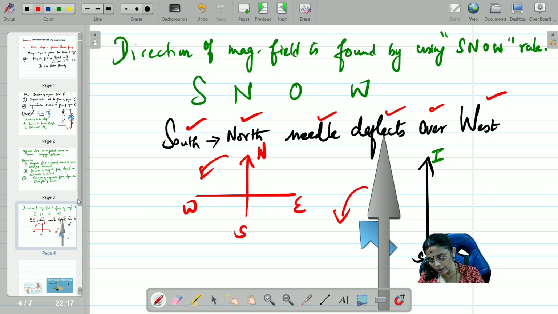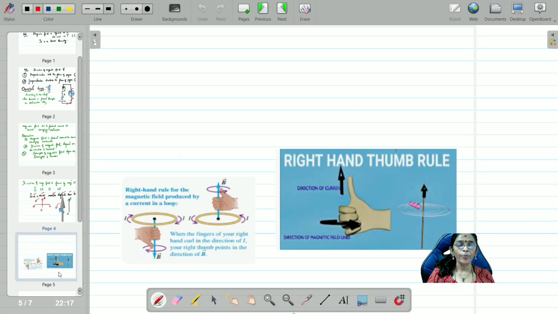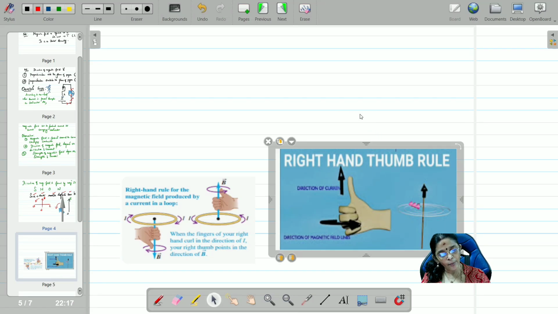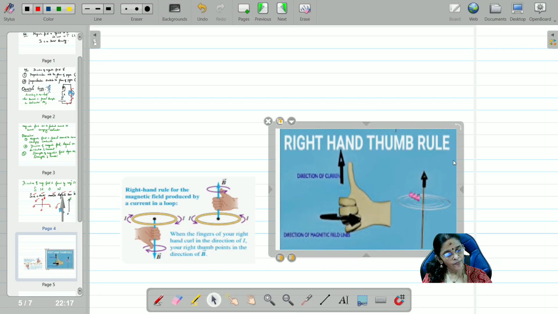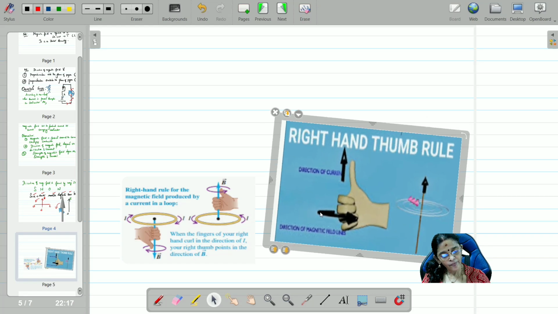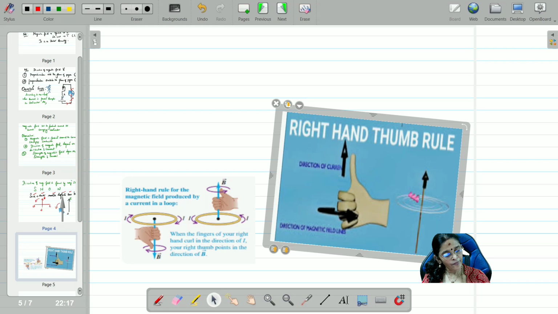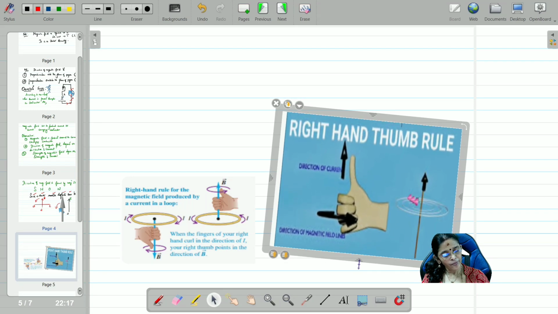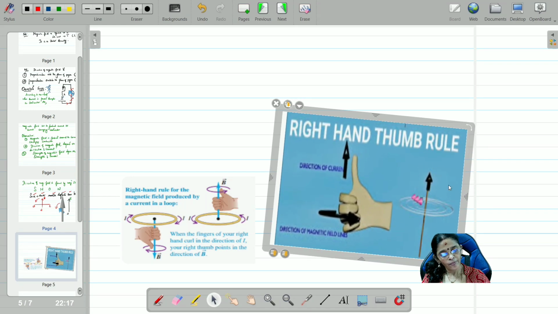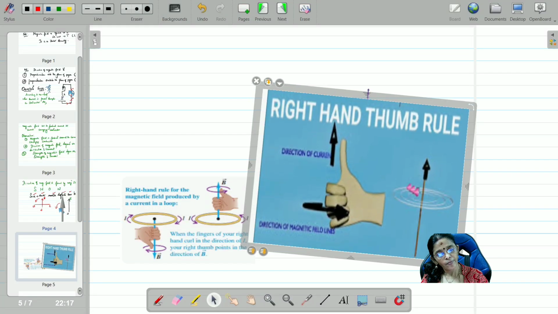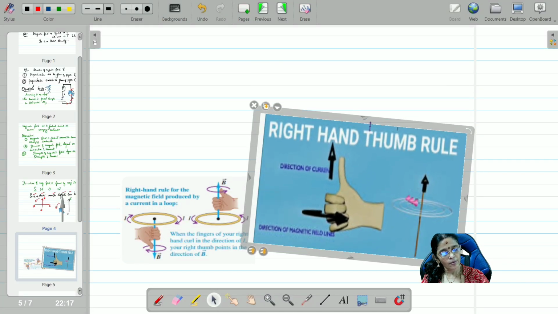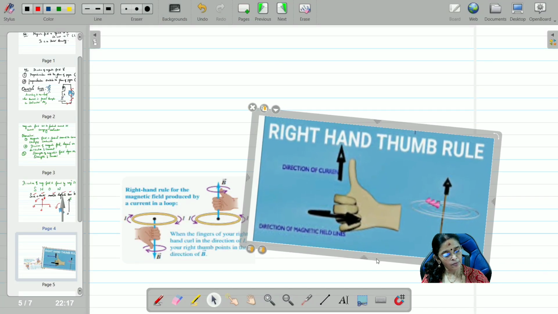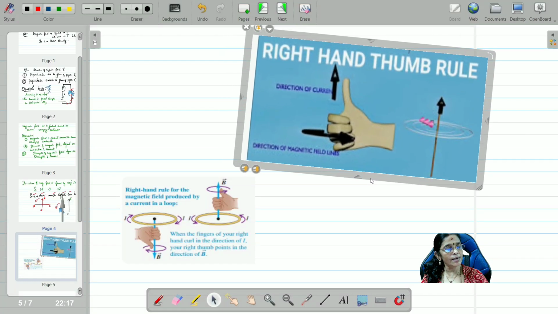So can we see that, children? Yes. Can you see here? Right hand thumb rule. Can you see here, children?